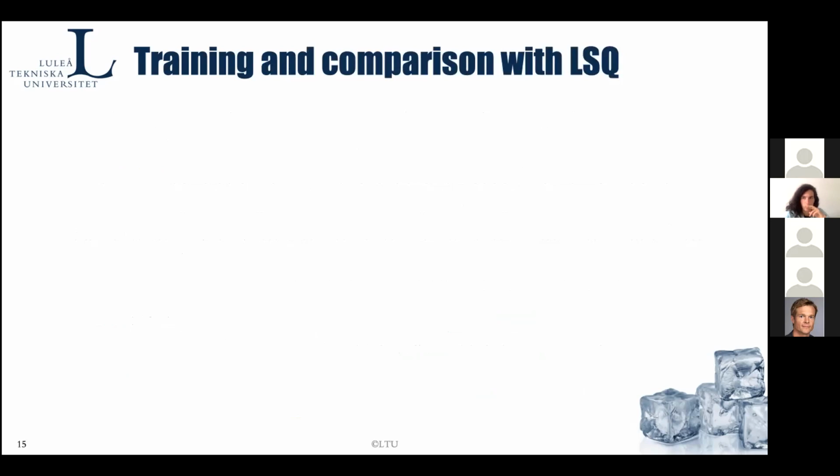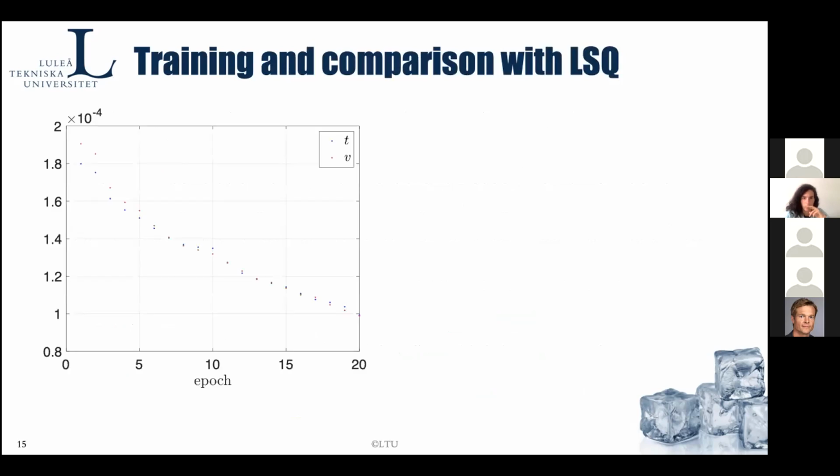Running that training on this routine may look something like this. We have in blue dots the training data and in red the validation.